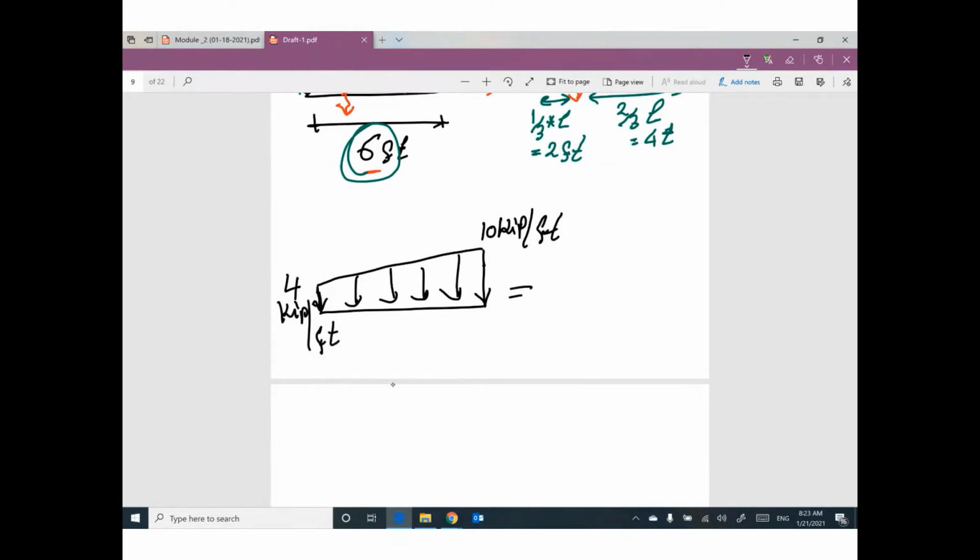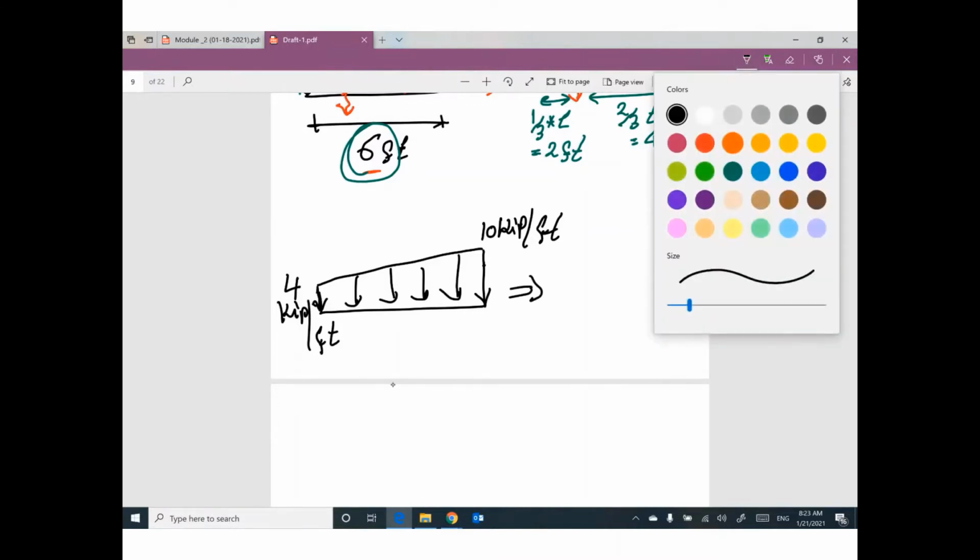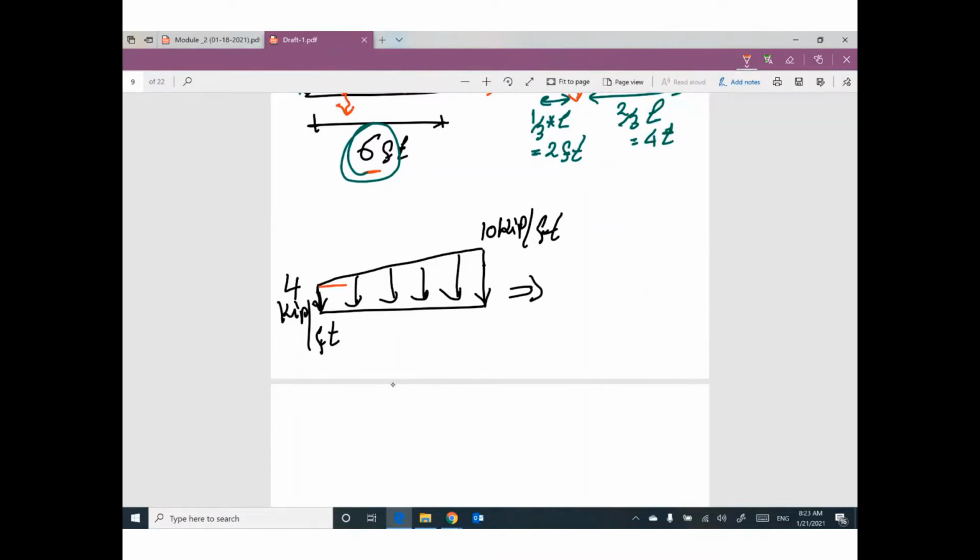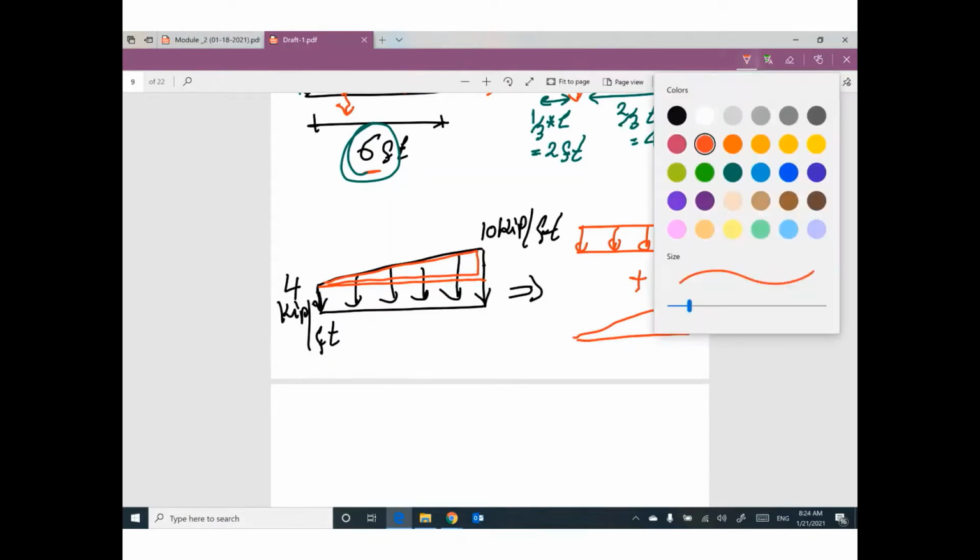Okay, this shape looks like we have this rectangle of value 4 plus this triangle with value here equal what? What is the value of this right angle triangle?